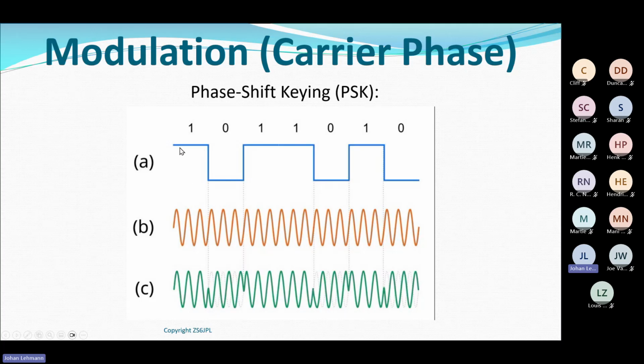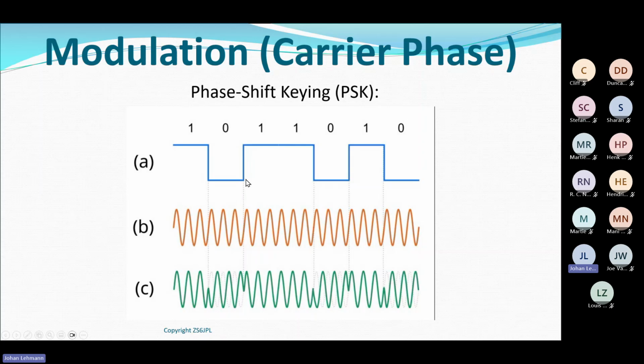In other words, when the modulating signal changes state, going from a true value to a not true value, my carrier would stop and restart exactly 180 degrees out of phase. If you look at that signal, you'll see it's jumped 180 degrees.